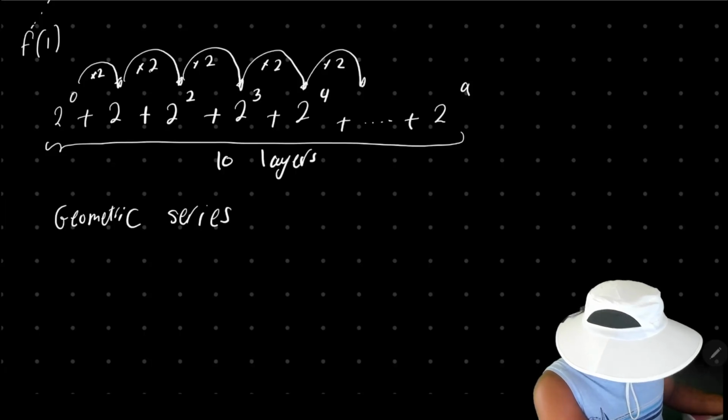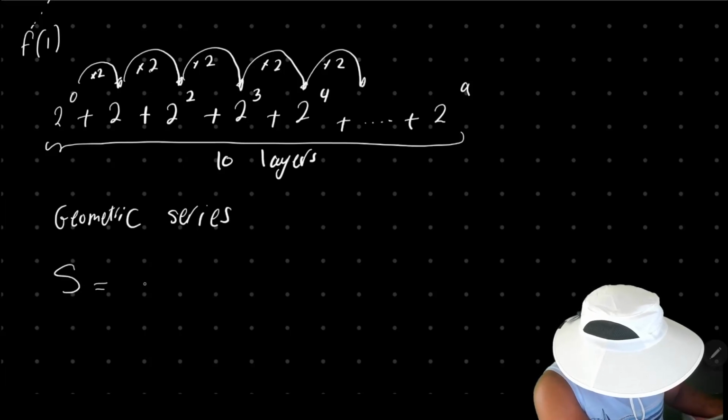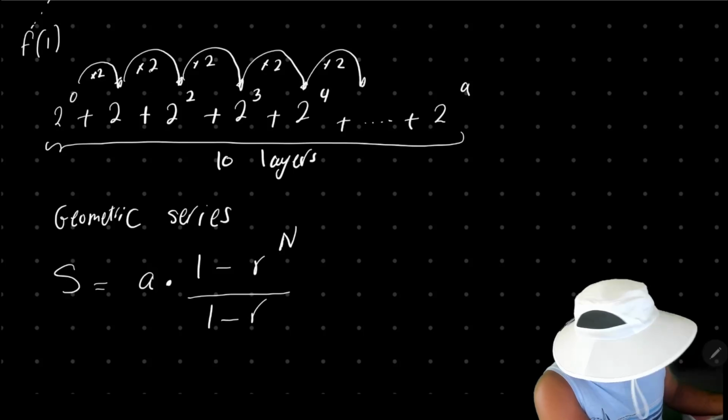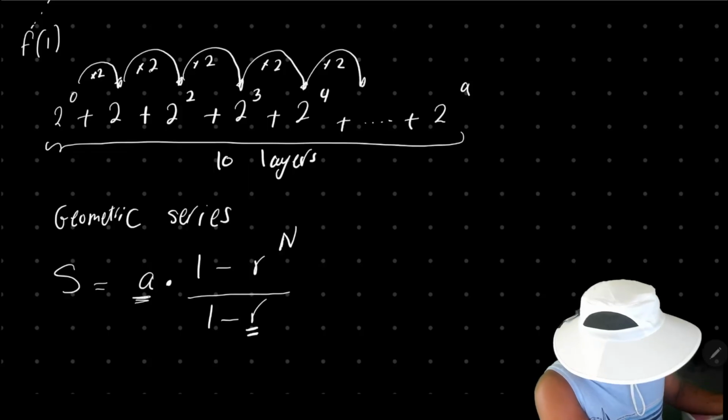There is a formula for it. The formula is the first term multiplied by 1 minus the multiplication constant to the power n, over 1 minus the multiplication constant. This is the first term, and this is the constant you're multiplying by every time. So what's the first term? It's 2 power 0.